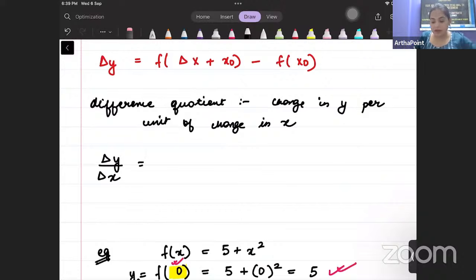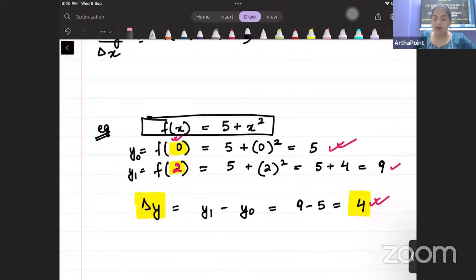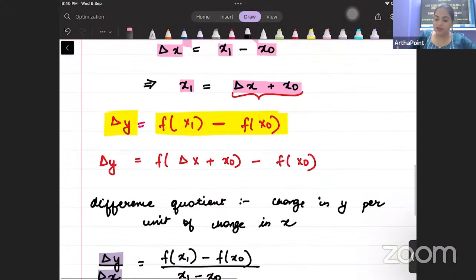What is change in y बेटा? When you have put the value of x1 minus you have put the value of x naught. जब हमने function के अंदर x को एक बारी 0 put किया और एक बारी 2 put किया, इनका जो difference है, बेटा, that is change in y. What is change in x? बेटा, change in x is x1 minus x naught, जो हमने इन दोनों का difference निकाला था.